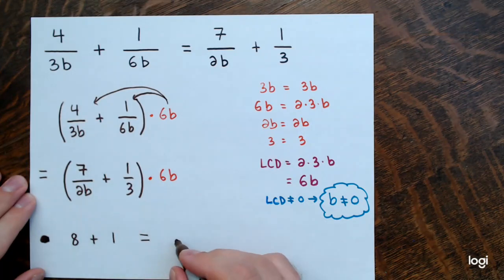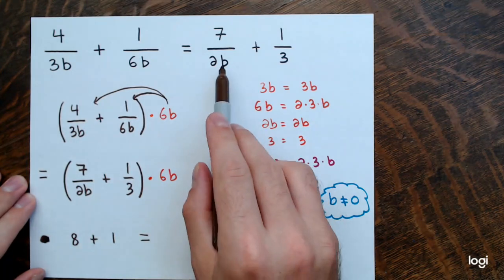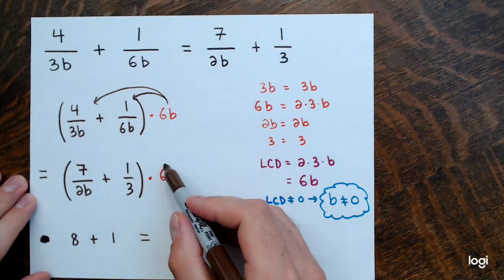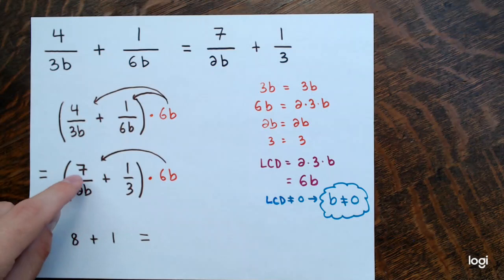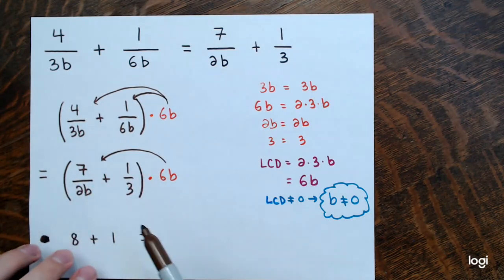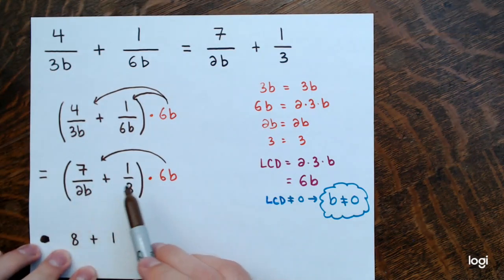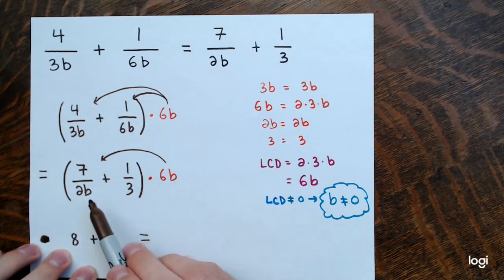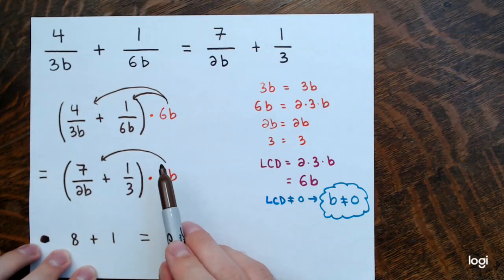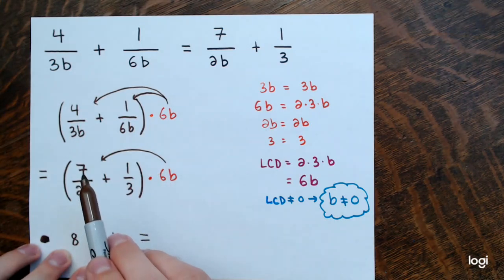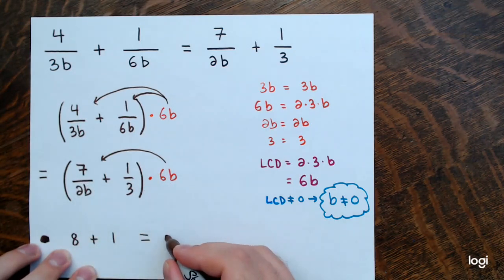Alright, and then the right side, after the equal sign, multiplying this side by 6B, again, I'm just going to kind of say it out loud here. When I multiply the first term, the 7 over 2B by 6B, you'd have 2B in the denominator, 6B in the numerator, the B's would cancel, and 2 goes into 6 3 times. So you'd have a factor of 3 left over, so you really end up with 7 times 3, or 21.